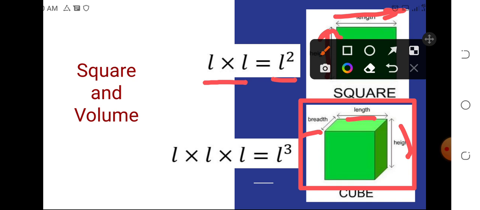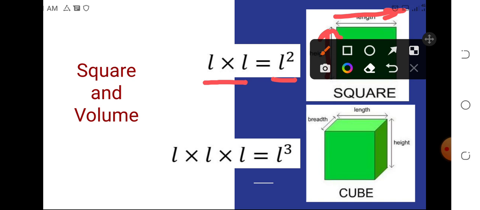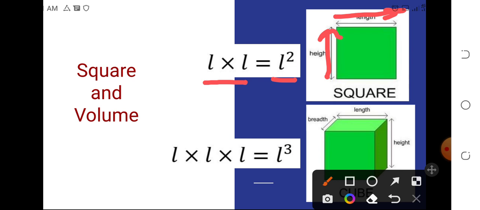So now you understand the difference between a square and a cube: how to find the area of a square and the volume of a cube. Now it is very simple to attempt your question if you understood this difference. A square has two dimensions, while on the other hand a cube has three dimensions.